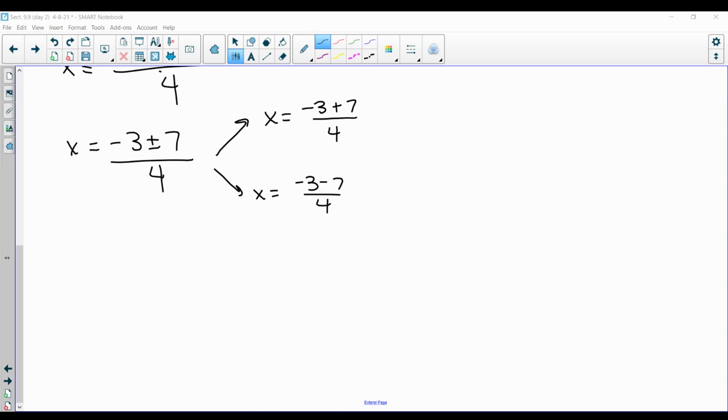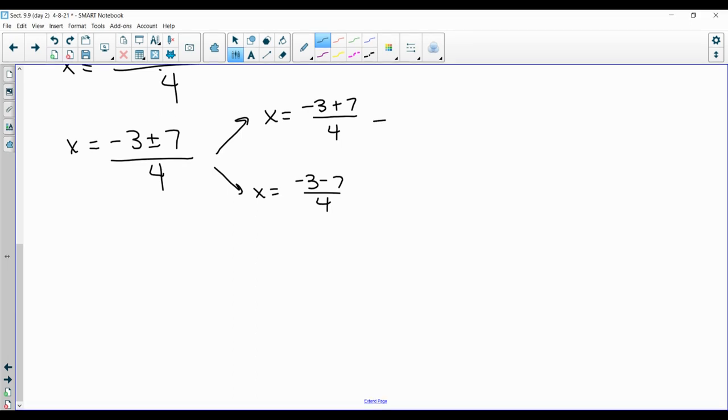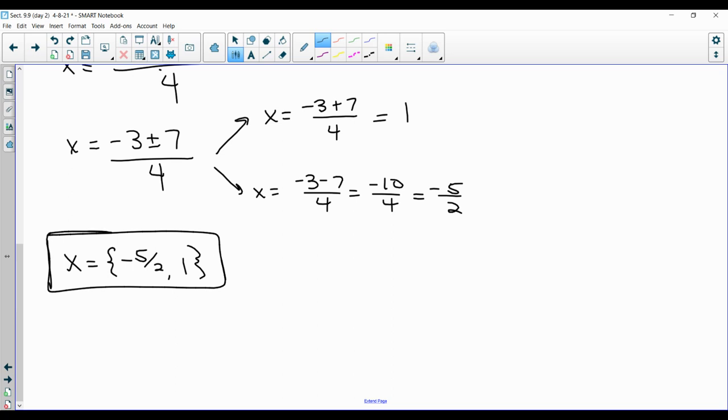You should be able to do it mentally, but if you wanna double check it, -3 plus 7 is 4, divided by 4, we better get 1 for that first answer. And I get -10/4, which reduces to -5/2. So I get x equals -5/2 and 1. Okay, -5/2 and 1.